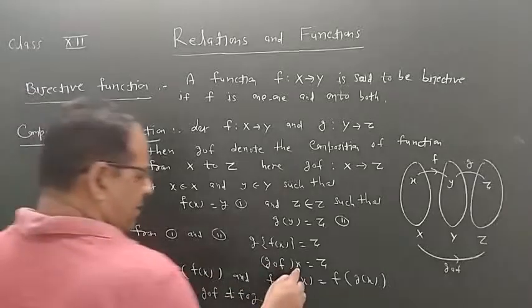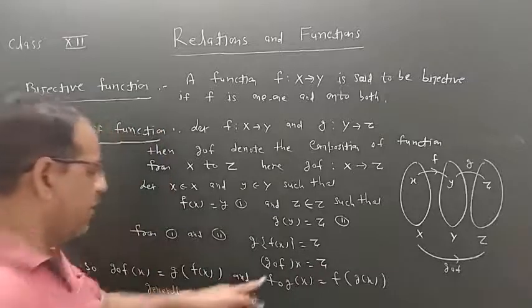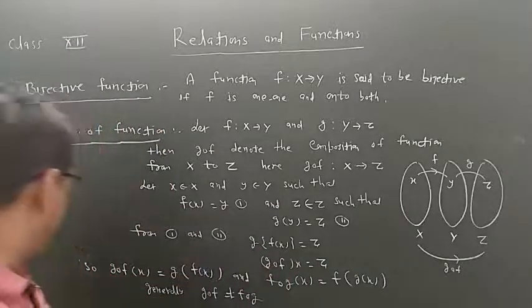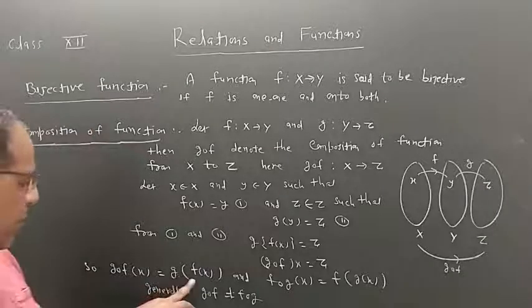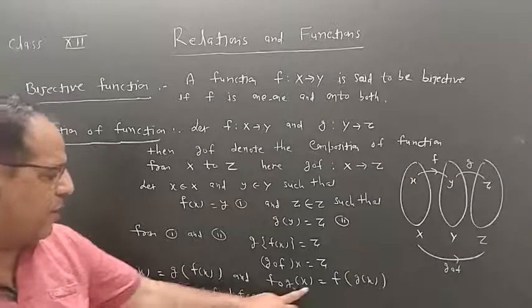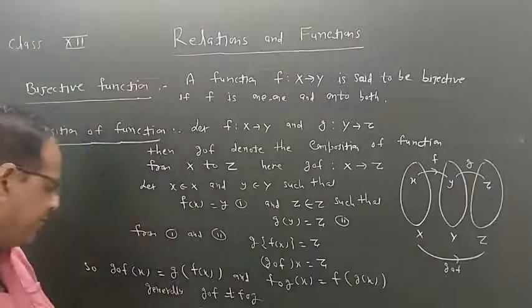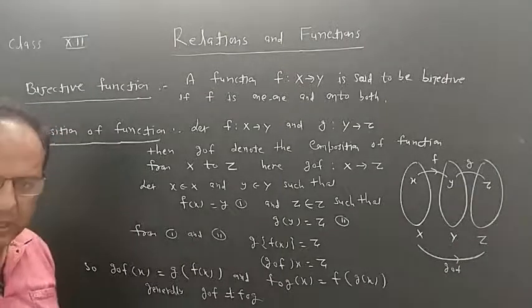So gof is the composition of function from set X to set Z. So gof(x) can be written as g of function f(x). Similarly, fog(x) can be indicated by function f of g(x). Generally, gof is not equal to fog. Thank you.